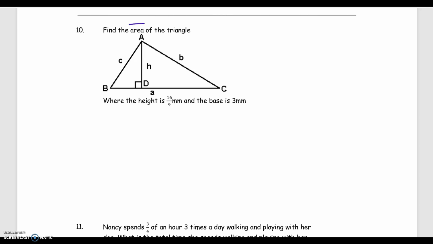So it says find the area. Area equals half times base times height. So always write down the formula and then substitute the base, which is 3 millimeters, times height, which is 16/9 millimeters.